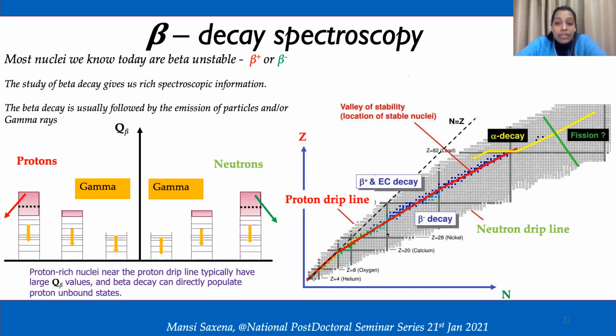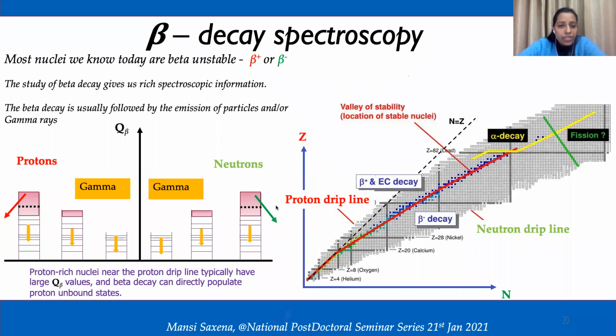In a beta decay reaction, the decay is usually followed by the emission of a particle and/or gamma rays. When you are closer to the proton or the neutron drip line, we can also have the possibility of particle emission, as the Q values here are pretty large.